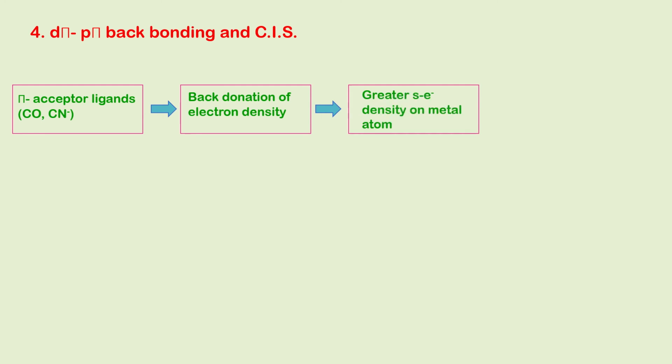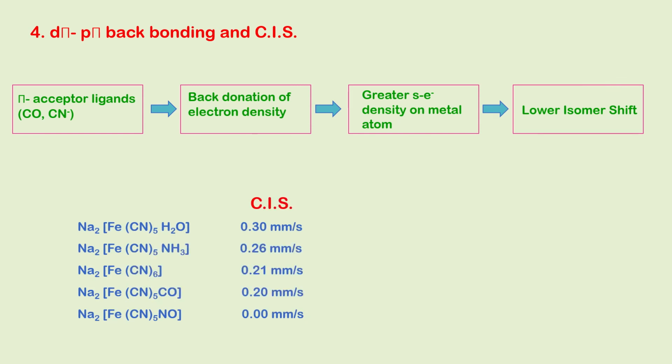Due to back donation of electrons, the metal has more electrons and the s electron density on the metal atom increases. In case of Fe compounds, as electron density increases, the CIS is reduced. It can be understood by taking these examples.